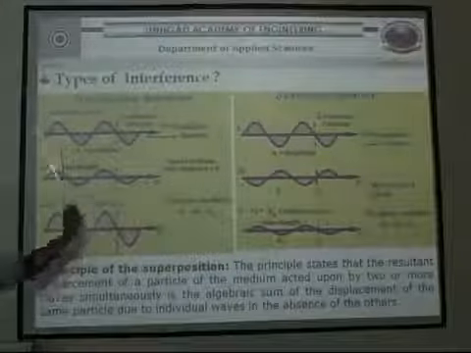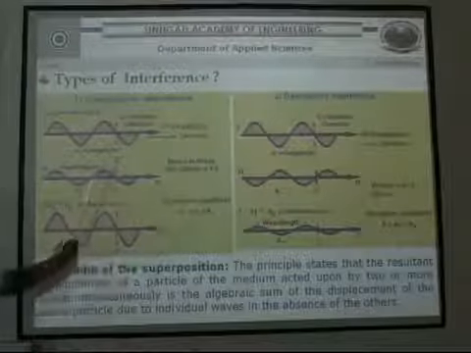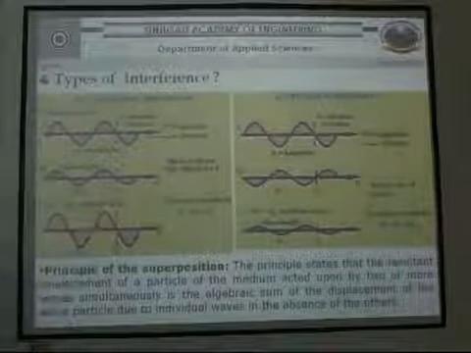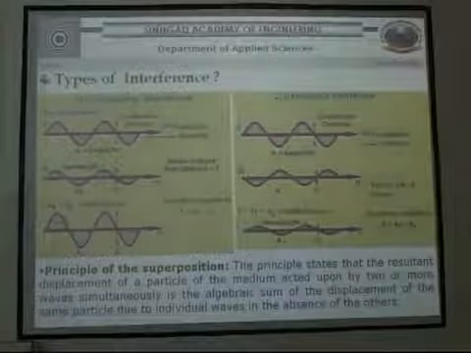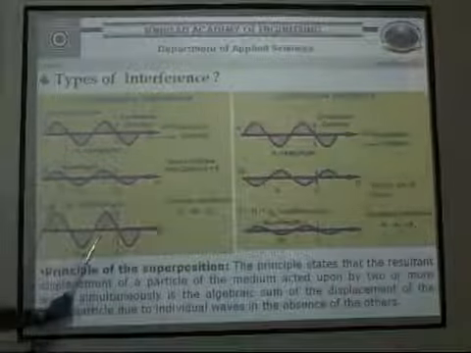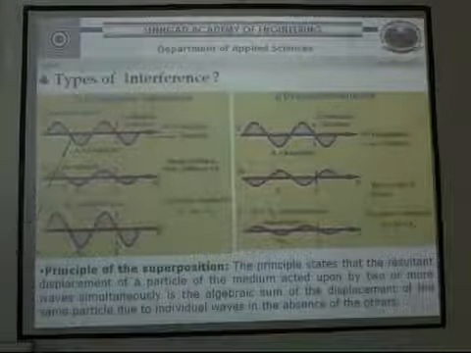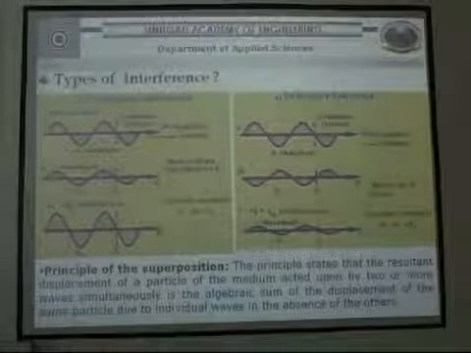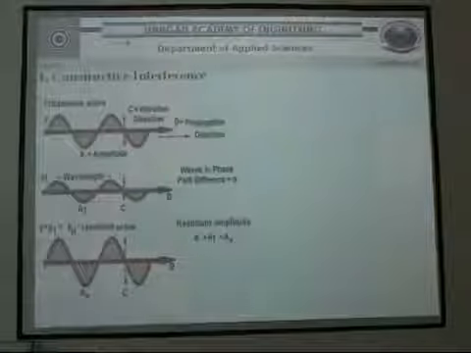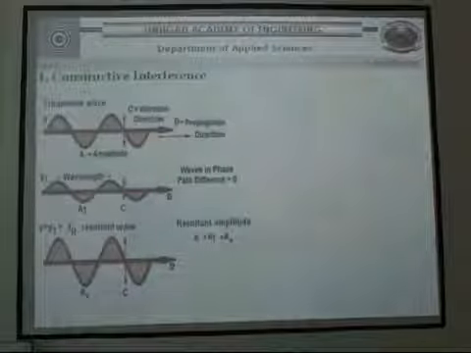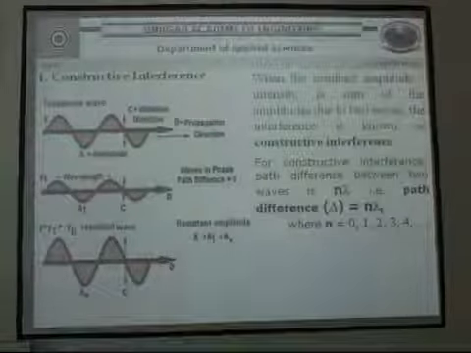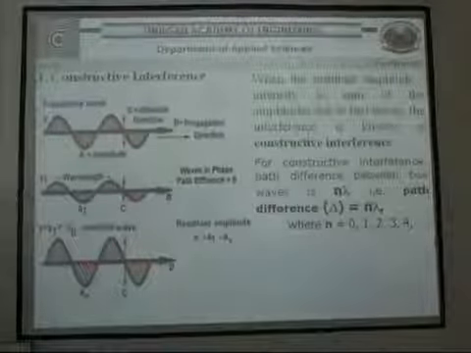Now, considering light is in the form of wave, only then can we explain the interference pattern on the basis of coherent source, and there are two types of interference: constructive interference and destructive interference. So these two points are very important for the understanding of interference.